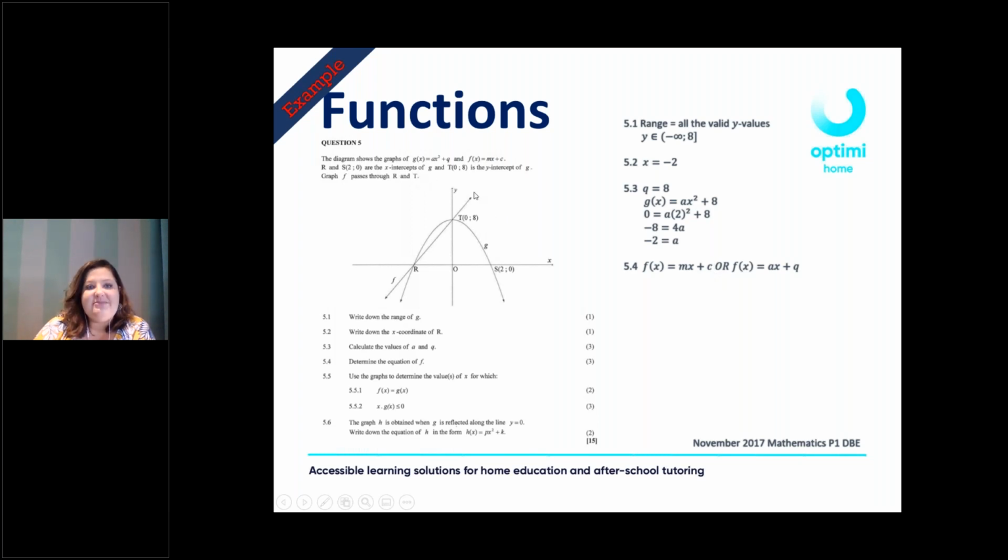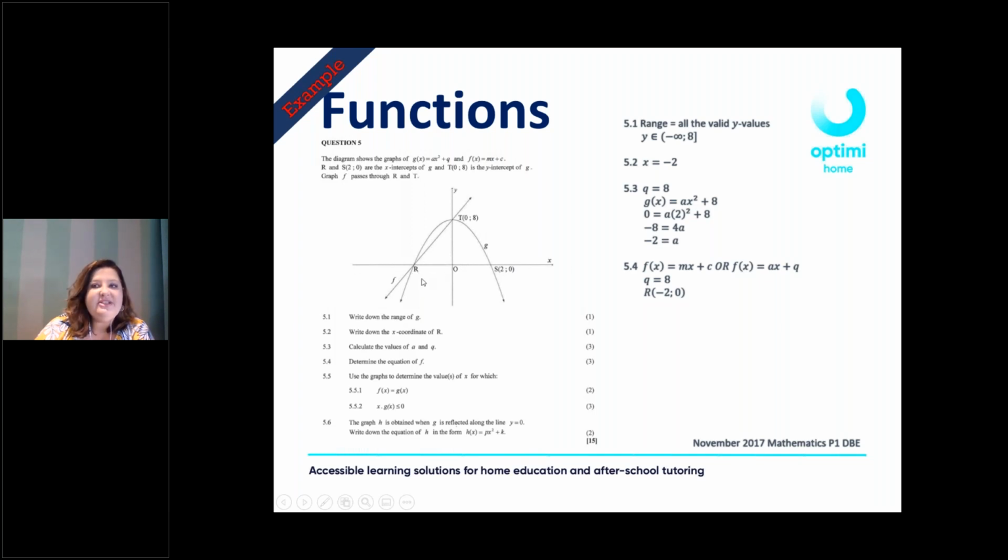And they said that my straight line actually goes through the point T. T is my y-intercept, so again, I already have that value. So c is equal to 8, or q is equal to 8. And I know that this point R is (-2, 0) because it's on my x-intercept.